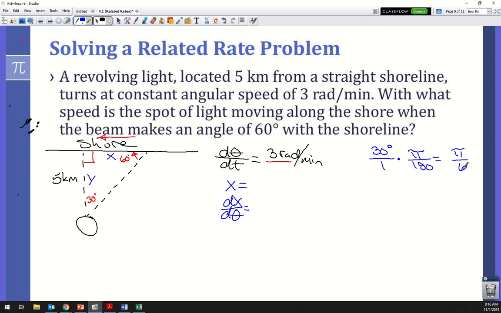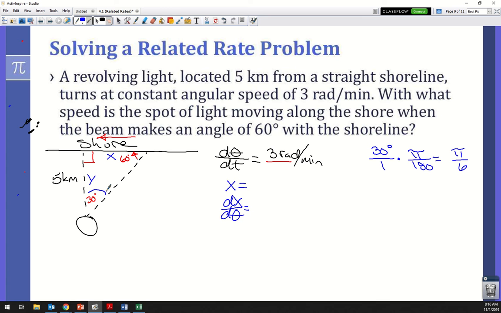Now, let's see what we have here. Since I am dealing with an angle, from this angle, this is going to be my reference angle right here. So from the reference angle, the x would be my opposite, and the y would be my adjacent. So opposite over adjacent is going to be my tangent, right?